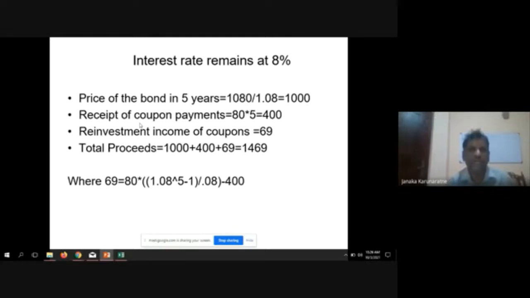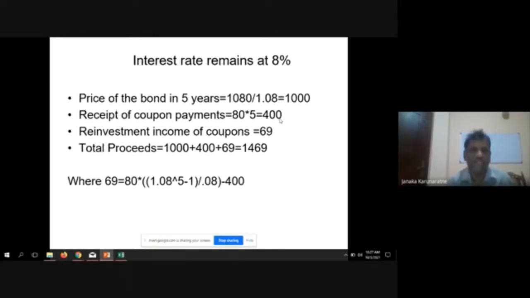Then during these 5 years, you will get an 8% coupon. That means for 1,000, you will get 80. So over the 5-year period, you get 400 as coupon.